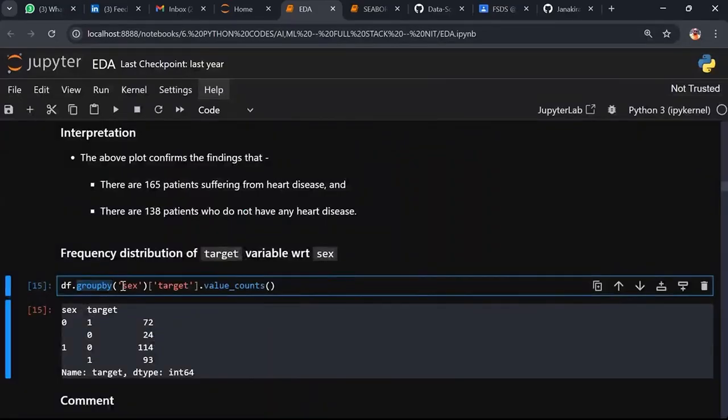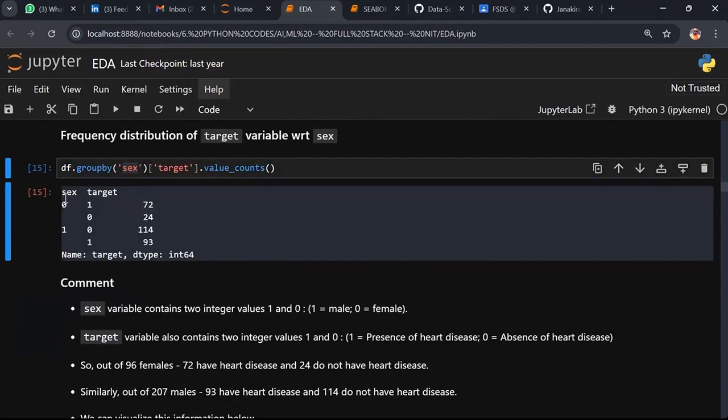If I apply the group by gender with the target, do you see? Gender 0 means female, 1 means male. Target 1 means female diabetic 72, female non diabetic 24, male non diabetic 114, male diabetic 93.